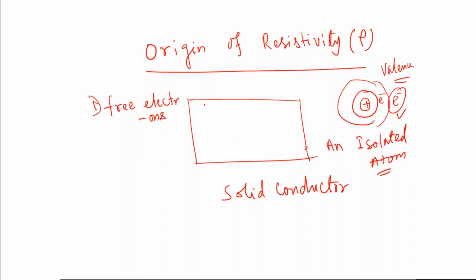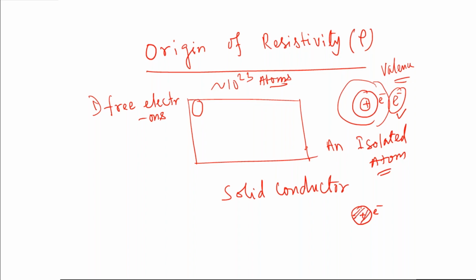Suppose this is a rectangular shaped conductor, and in this conductor I have many atoms, at least of the order of 10 to the power 23, the Avogadro number. This is not a small number; this is huge. I can denote an atom with a positive sign and one electron.